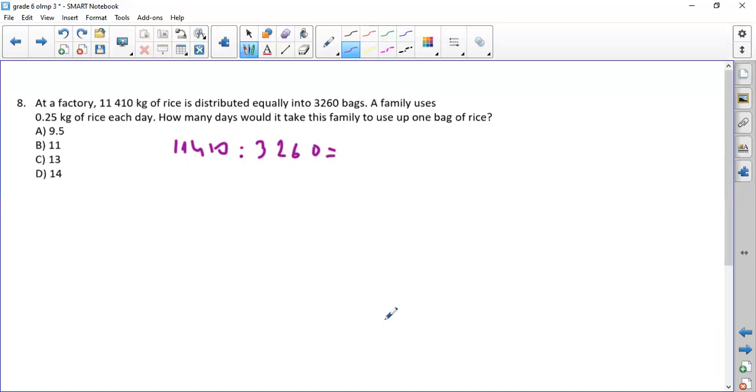Let's find what is the result. So the result of this one is 3.5. 3.5 kilograms of rice will be in one of the bags, in 1 bag.